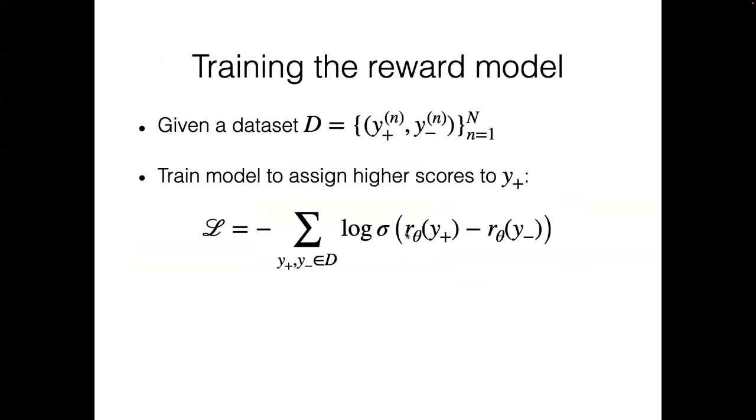Again, here you have your reward model, and this is typically a language model that you add this output head on to, and it outputs the score. And then you train it with this loss here. And it's basically saying, give a higher score to the preferred output compared to the non-preferred output. And then you go over your whole data set and minimize this loss.